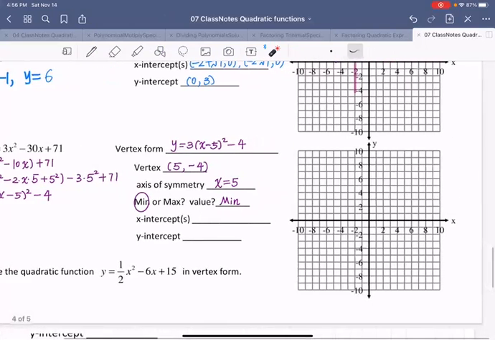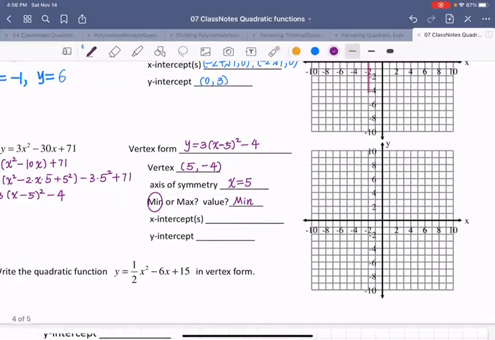Let's draw this one. It might feel a little bit confusing. When x equals 5, y is how much? When x equals 5, y is negative 4. Okay, like this.